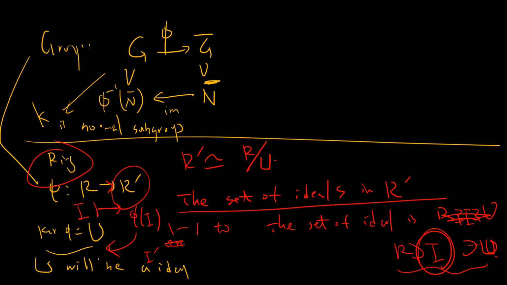So if I prime is here, just phi inverse of I prime. Okay, so the set of ideals in R prime is in one-to-one correspondence with the ideals in R on the left-hand side that contain U. So this is the same as the group theory correspondence.